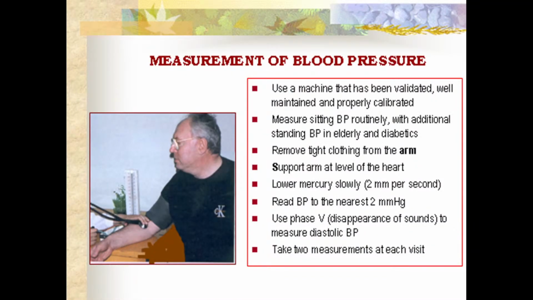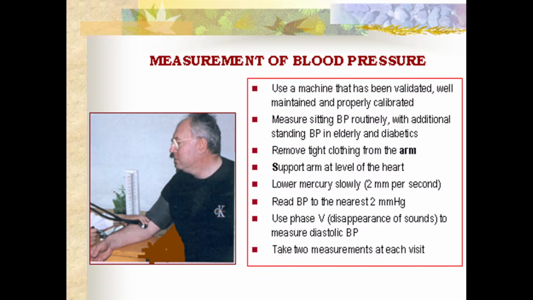And it's very important to remember how to measure blood pressure correctly. It's very important because mistakes can be the cause of inadequate treatment, etc. Of course, a device or machine should be validated, well maintained, and properly calibrated. It's very important to remember.